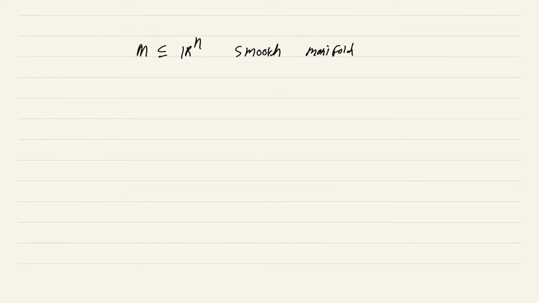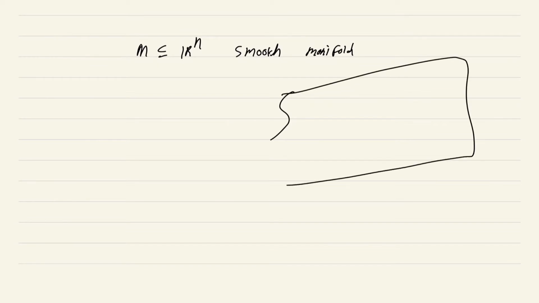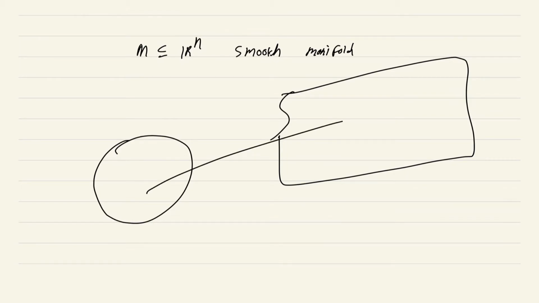So let's draw again. When I'm drawing, I'm going to draw 2D pictures only. So let's say I have a local parameterization. You have this map phi, you have a point A, and you have phi of A. So pieces of the manifold can be parameterized by a mapping that has very nice properties. It is full rank and so on, so many conditions.